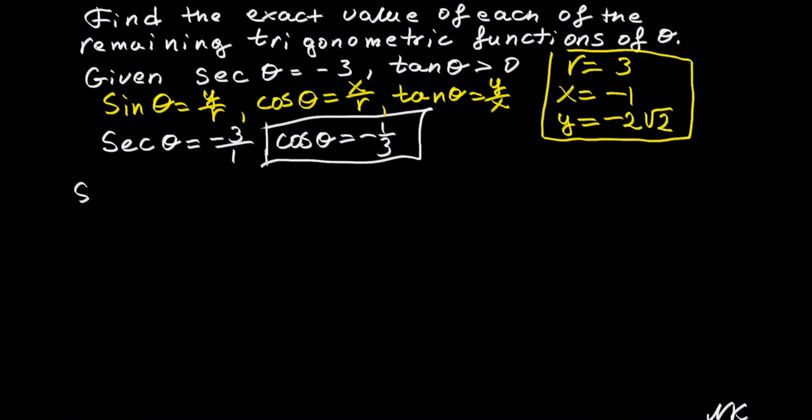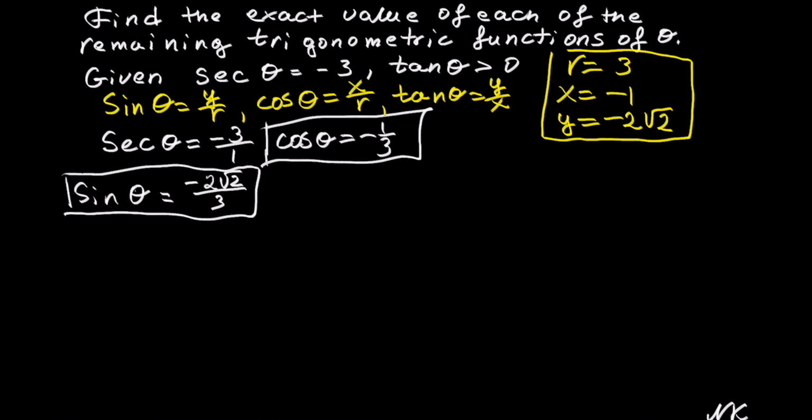So sine of theta is equal to y divided by r. Y is equal to -2 radical 2, and r is equal to 3. So sine of theta is equal to -2 radical 2 out of 3. Once we have sine of theta, we can also find cosecant of theta, which is just the reciprocal of -2 radical 2 out of 3, which will be -3 out of 2 radical 2. We need to rationalize this radical 2 in the denominator, so one more factor of radical 2 will give us a square.